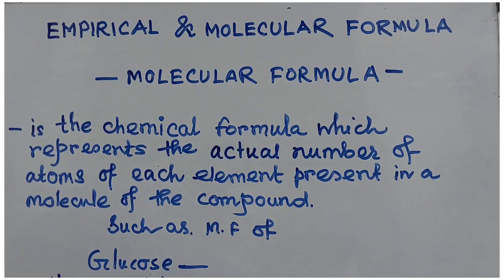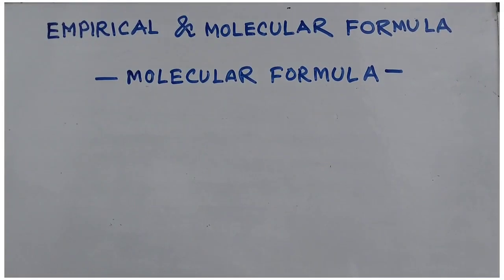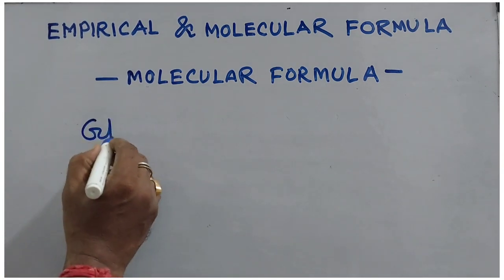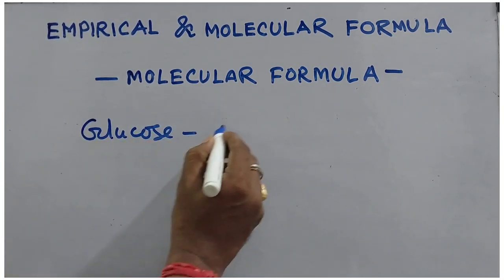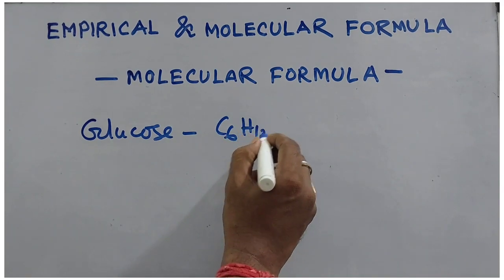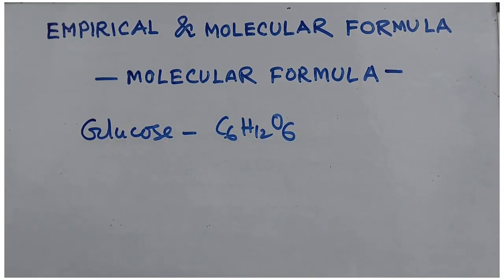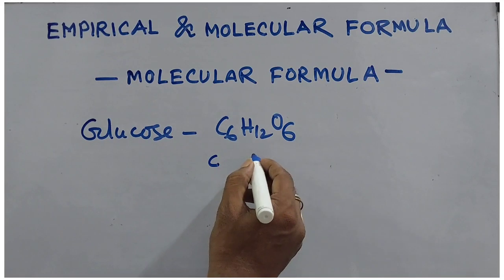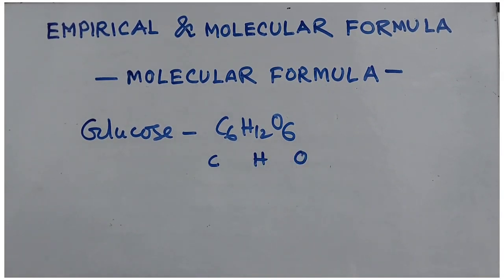Now, let us take an example such as glucose. The molecular formula of glucose is C6H12O6. Here the constituent elements are carbon, hydrogen and oxygen.